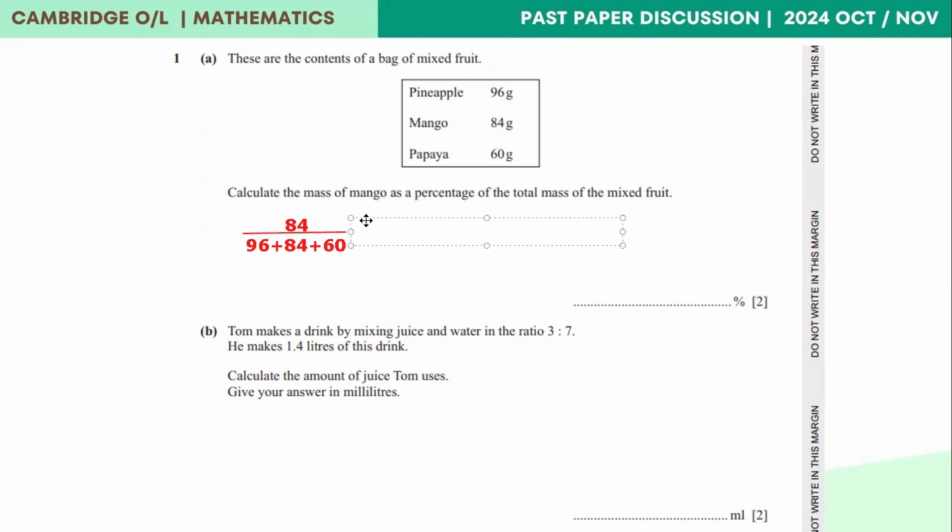So that into 100. So you can put it in your calculator. Again, we do the addition.